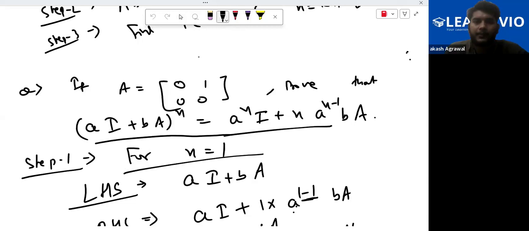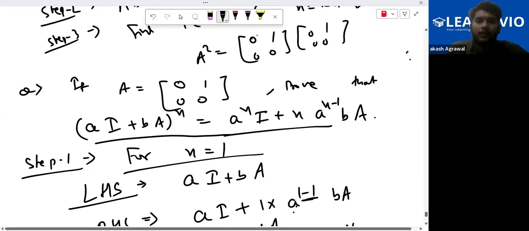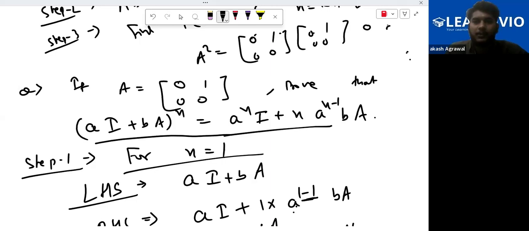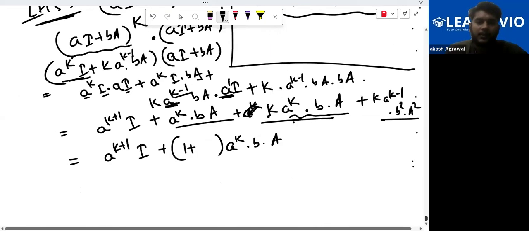A square is 0, 1, 0, 0 times 0, 1, 0, 0. So 0 times 0, 1 times 0, 0; 0 times 1, 1 times 0, 0; 0 times 0, 0 times 0, 0; 0 times 1, and 0 times 0, 0. So we are getting a null matrix. So A square is 0.